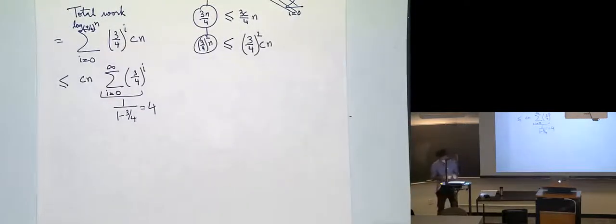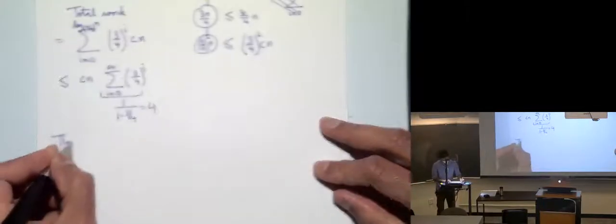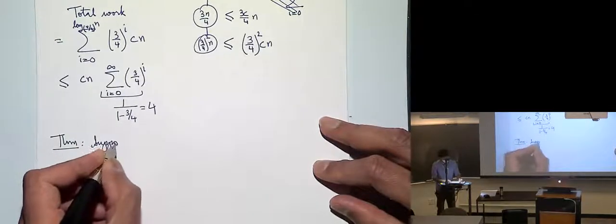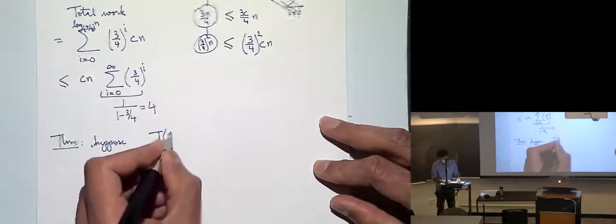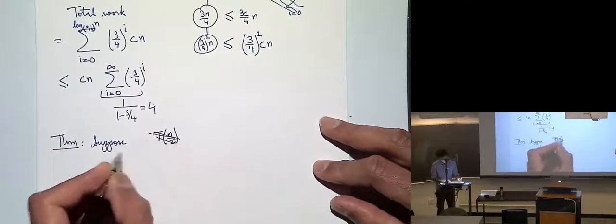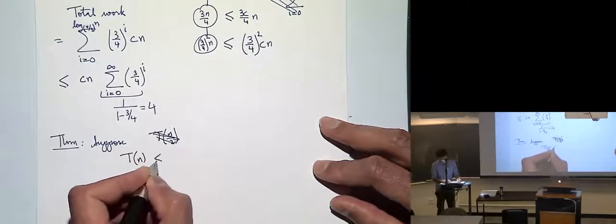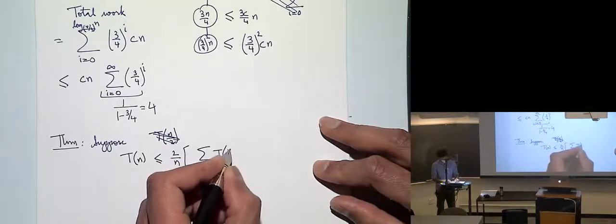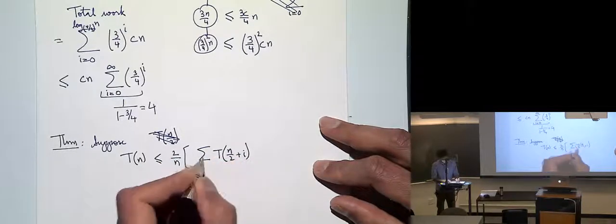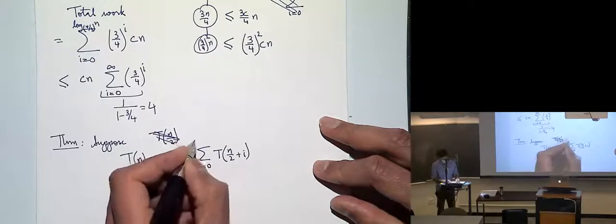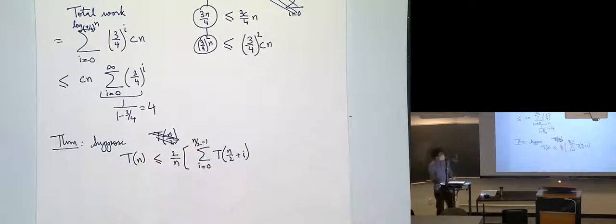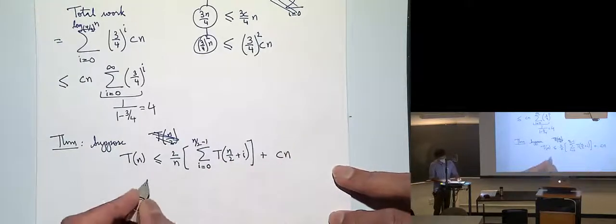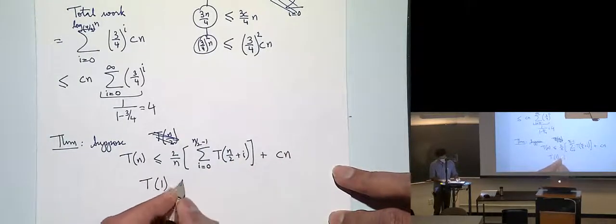Okay, so now I'm going to state a theorem. Suppose t of n is at most 2 over n summation, i goes from 0 up to n over 2 minus 1, of t of n over 2 plus i, plus c of n, and t of 1 is at most c.